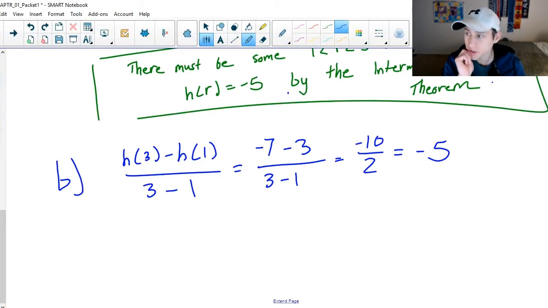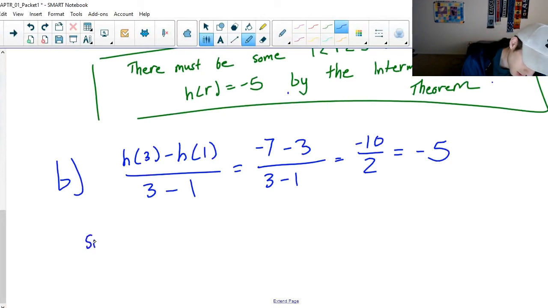Again, we know that h is continuous and differentiable because h is just made by using f and g, and the problem told us that f and g are differentiable. Okay, so I guess I'll put that part in here. It is differentiable and continuous.